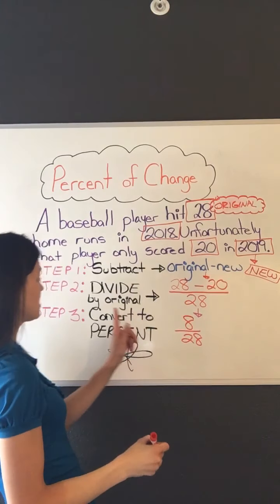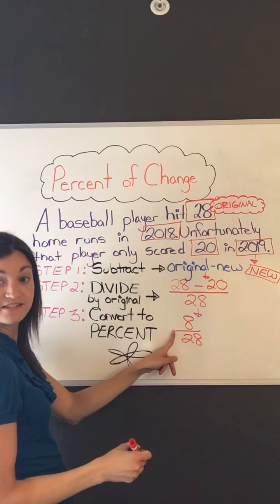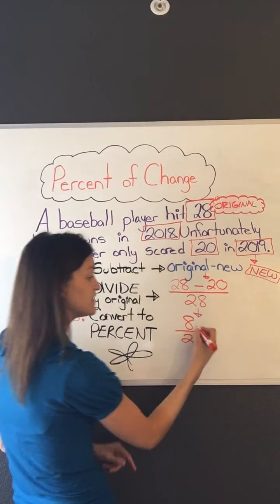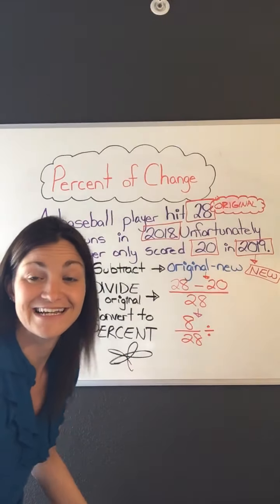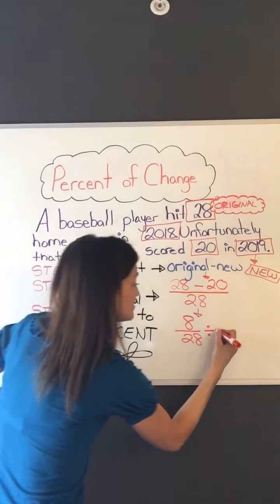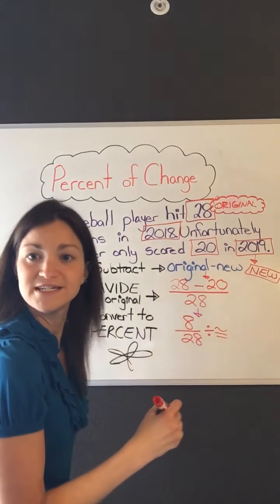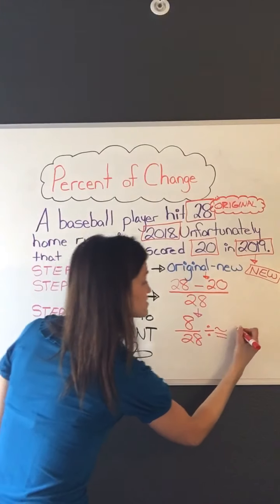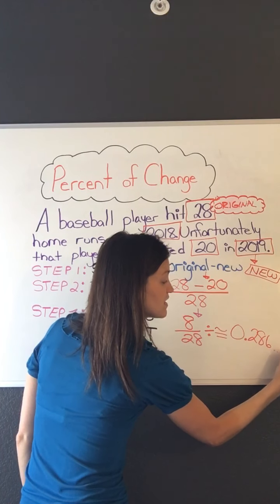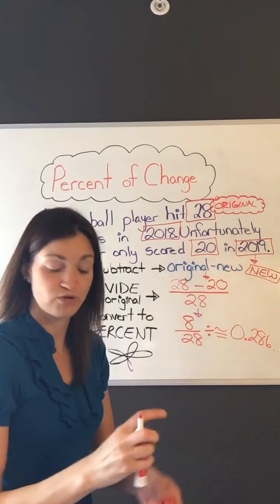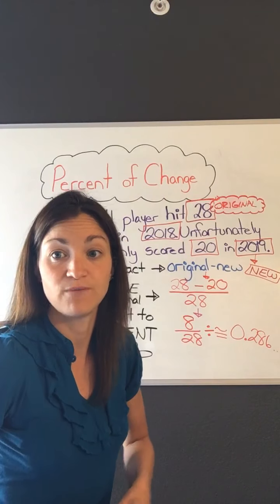So like we said, step 2 was divide. This fraction line means you're dividing. So 8 divided by 28 is roughly, I believe I wrote it down, 0.286, with a bunch of repeating decimal.